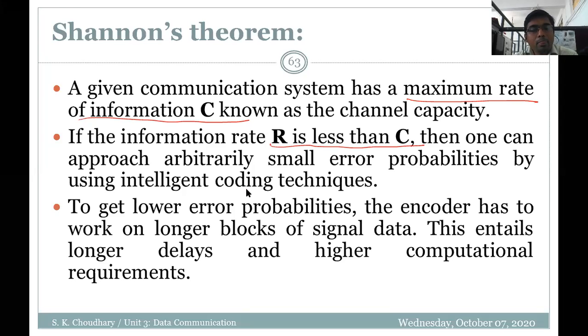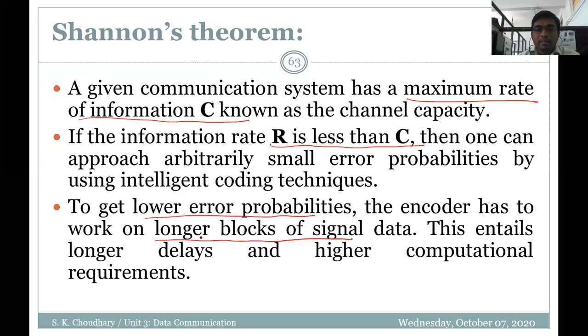To get lower error probabilities, the encoder has to work on longer blocks of the signal data. We have learned block coding, where we form blocks for sending the data. So we have to make longer blocks of signal data to decrease the error probabilities.